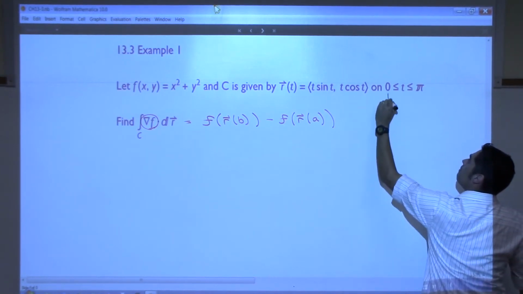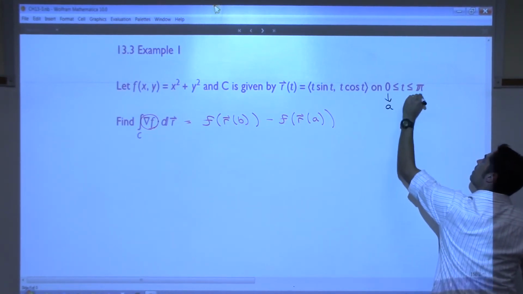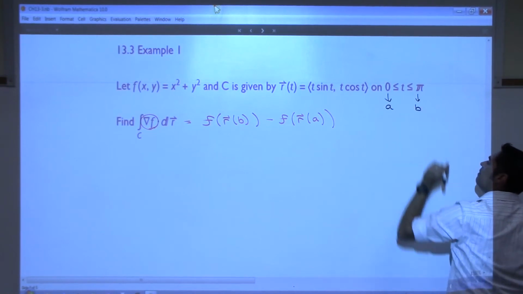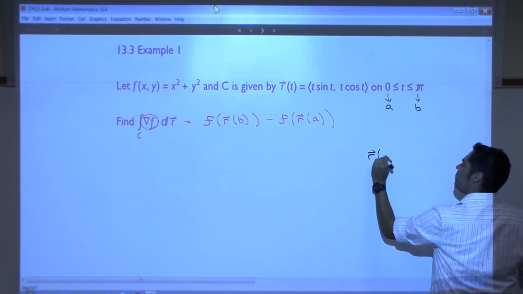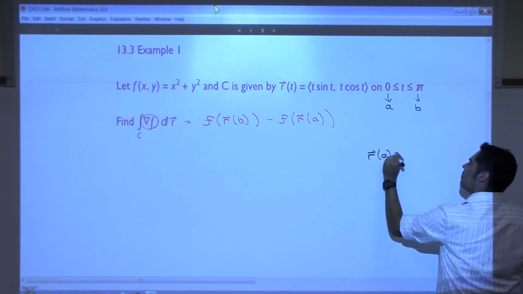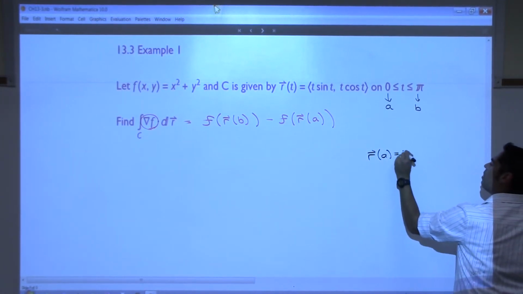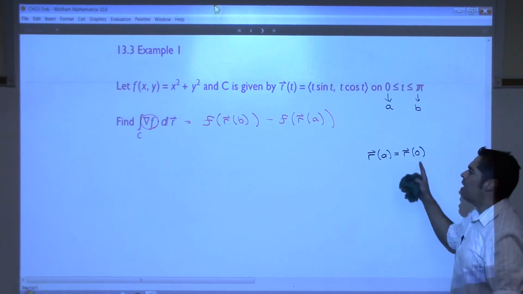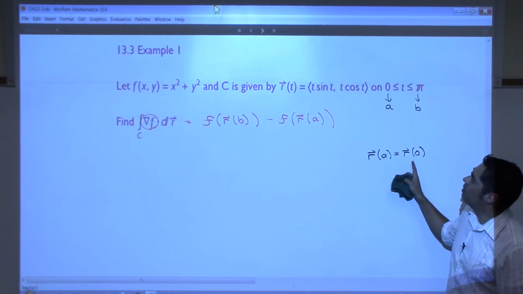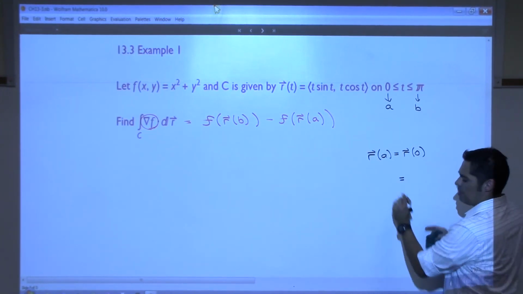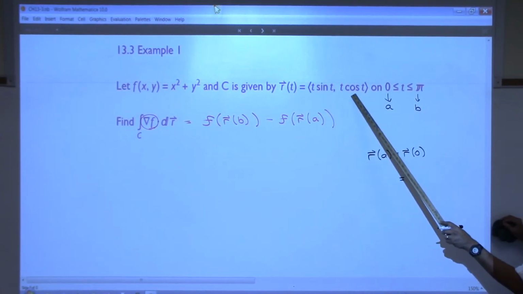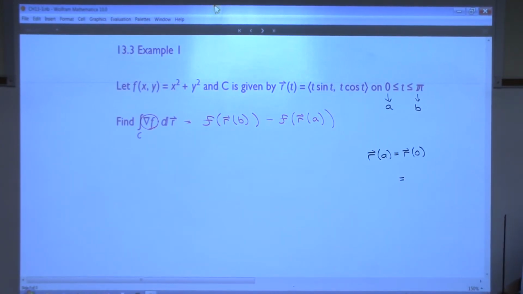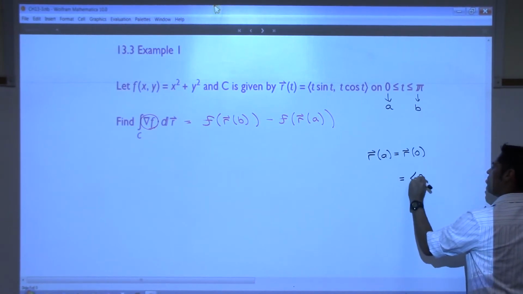A is 0, and b is pi. So let's just real quick figure out what's r of a. Well, that's r of 0. And that means where am I on the curve when I plug in 0? So plug 0 into the curve function for t, and you get 0, 0. So I get the vector 0, 0. Understand?